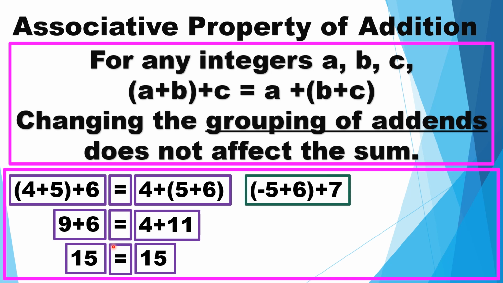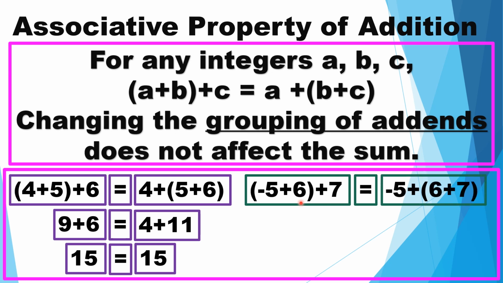Next example. The quantity of negative 5 plus 6 plus 7 is equal to negative 5 plus the quantity of 6 plus 7. Negative 5 plus 6 is equal to positive 1 plus 7 is equal to positive 8.